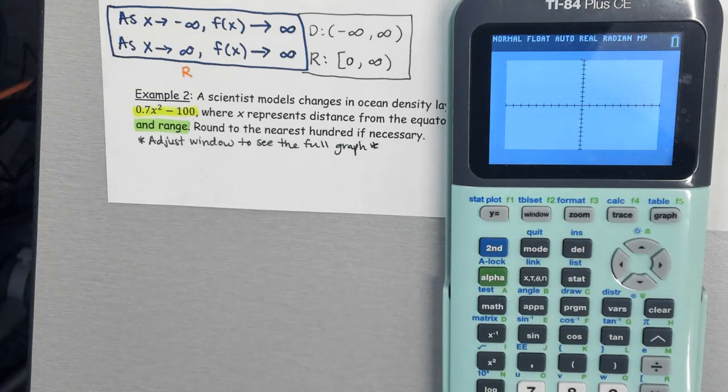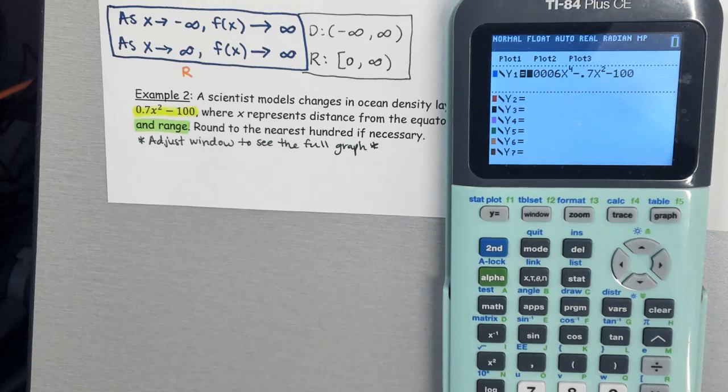So when you're adjusting the window, we're plugging this in for y, so 0.006x to the fourth minus 0.7x squared minus 100. When you graph in that window, nothing shows up.